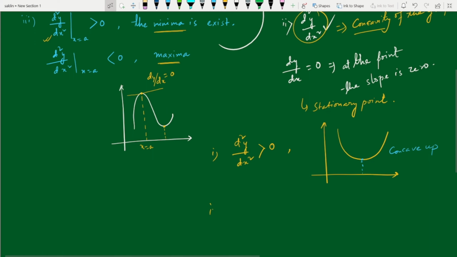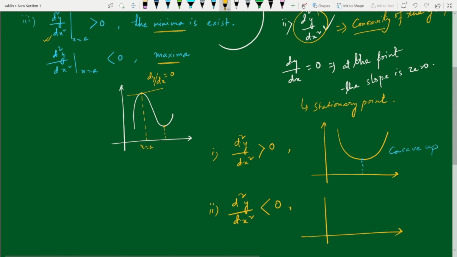The second case is if we take the double derivative of the function and it is less than 0, then we can say that this will be concave down. The graph's nature will be concave down.